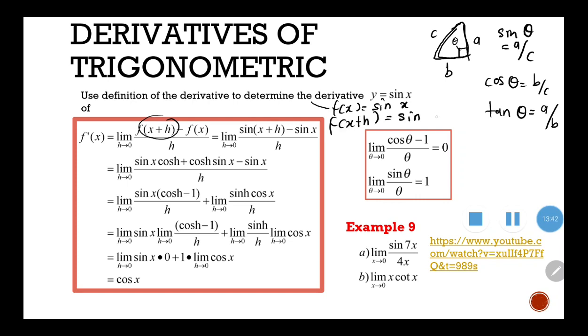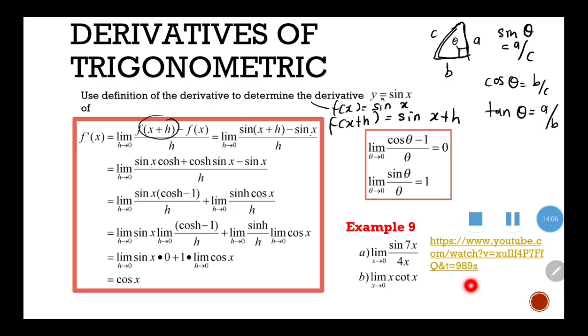You can guess it by now, sin(x+h). So rewrite this equation to be like this: f(x+h) minus f(x) over h is sin(x+h) minus sin x over h.